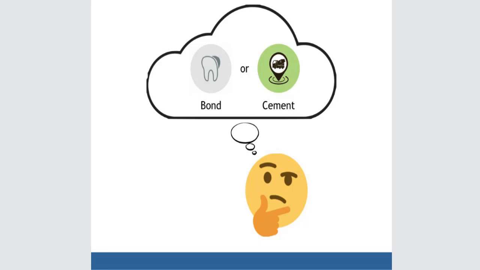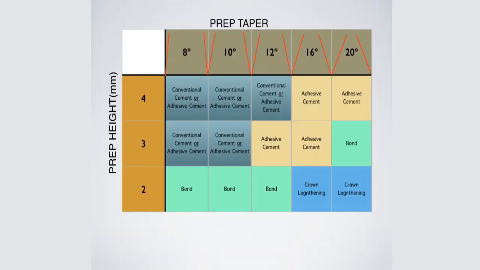So what do we do? Do we bond or do we cement? We're faced with this paradigm of what do we do. It's clinician specific, I know. There are many clinicians that I know that really never bond a restoration to the tooth, and that's okay. But what I think you need to do is be armed with knowledge.